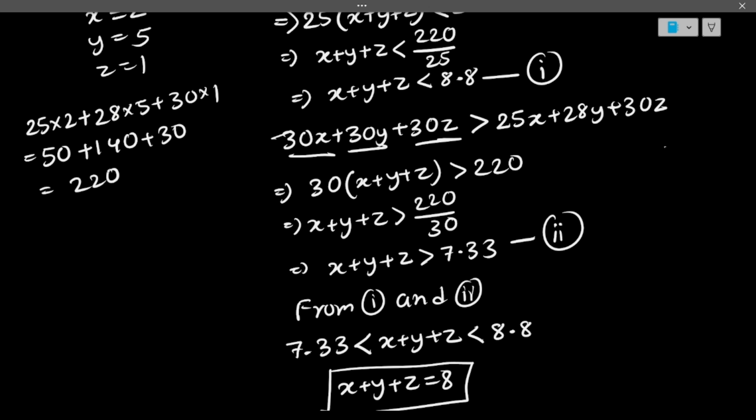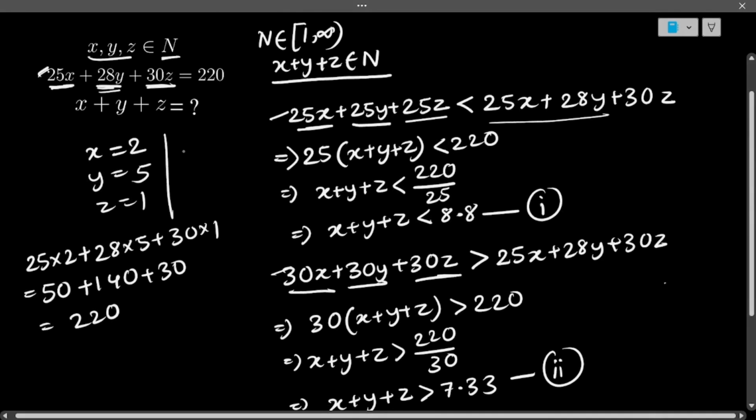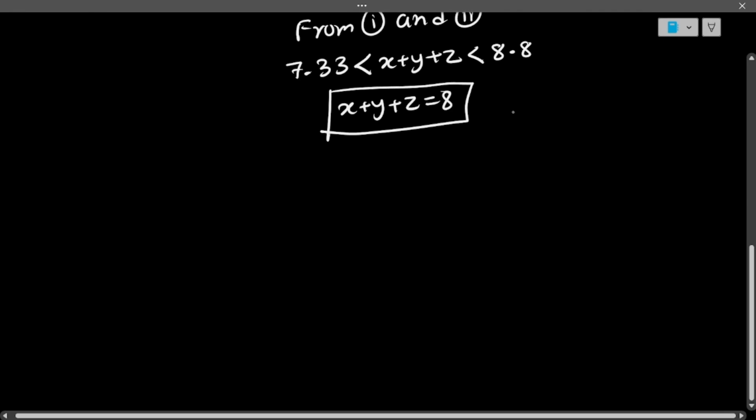So this is equal to 220. So if we find x plus y plus z from here, it will be 2 plus 5 plus 1, which is equal to 8. So the answer we got from here is correct.